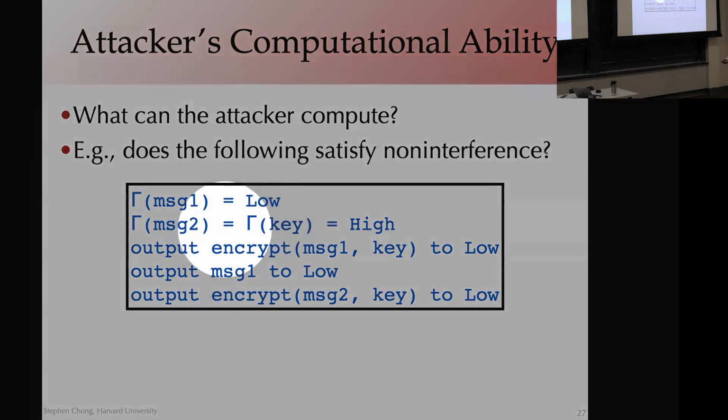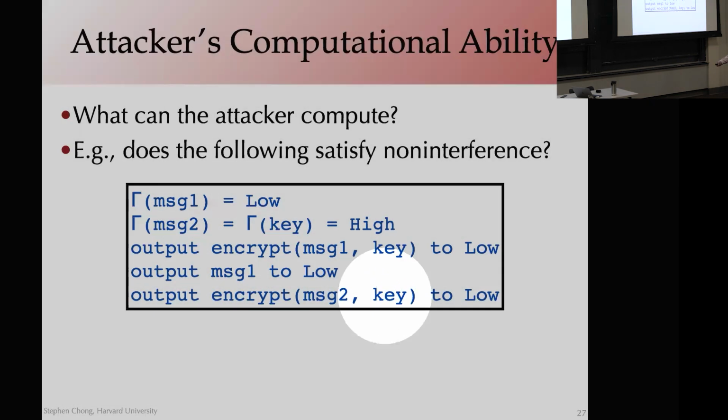In this program, we have two messages, a low message and a high message, and a secret key that we use for encryption. We encrypt message 1 with the key and output that to low. So we're going to assume that the low observer, the attacker, knows both message 1 and the encryption of message 1 under the key. We then output the encryption of message 2 under the key.